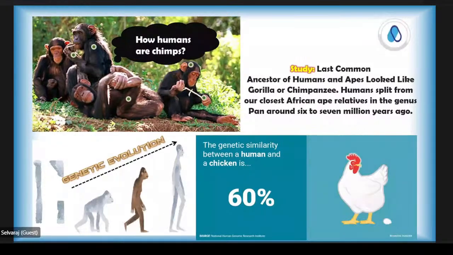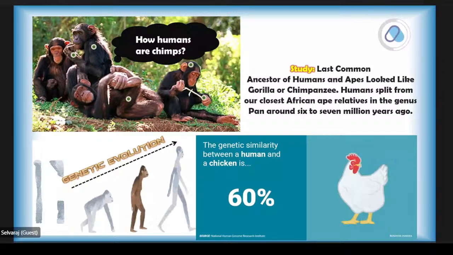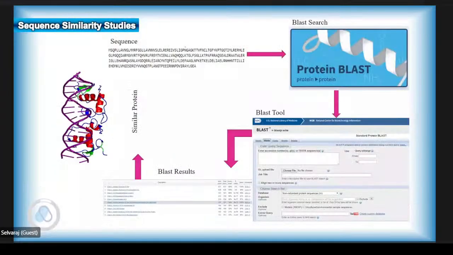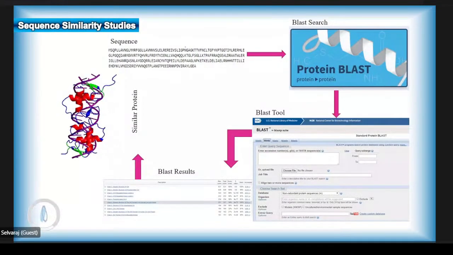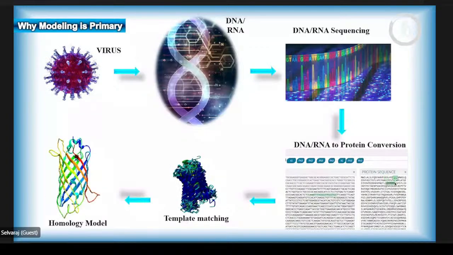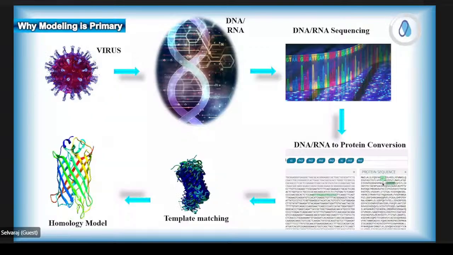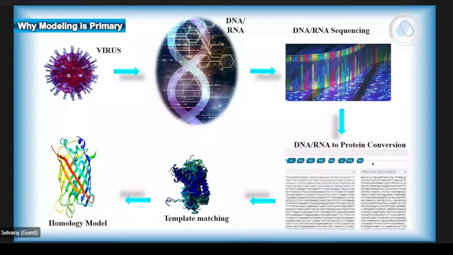So how can we determine this if X or Y submits a sequence in GenBank? We just copy the sequence and put it into protein BLAST. From the protein BLAST, we click on the available proteins, what is similar to that particular protein, and what is SARS-CoV-2. Nothing we knew. Suddenly biologists gave the term COVID-19 and gave this sequence, and from there we don't know the protein structure, how it will be, or the mechanism, everything we don't know.